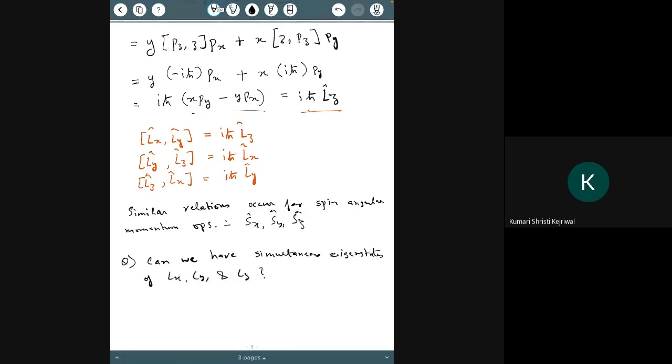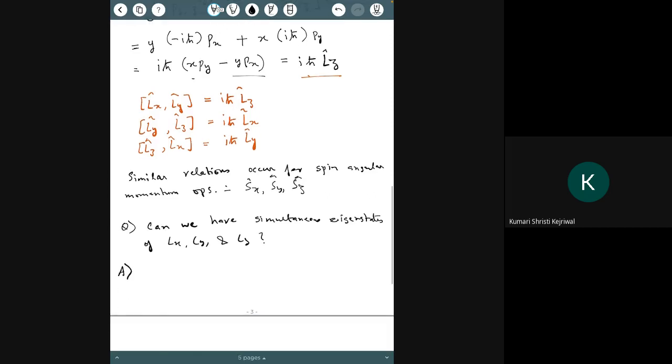So the question basically, if I put it in another way, is can we determine Lx, Ly, and Lz for a given system? So how can we answer that question? So let's say we can.